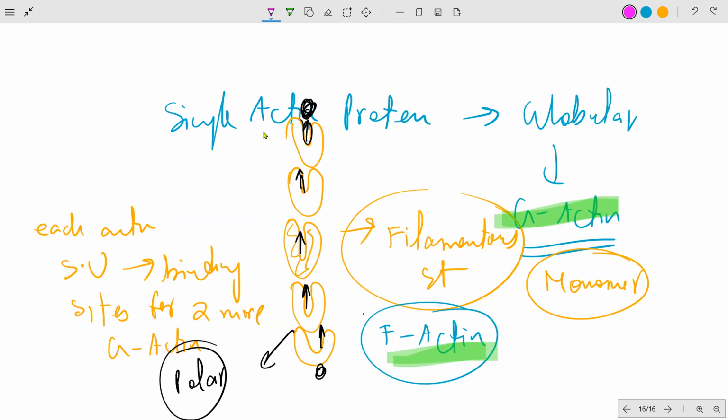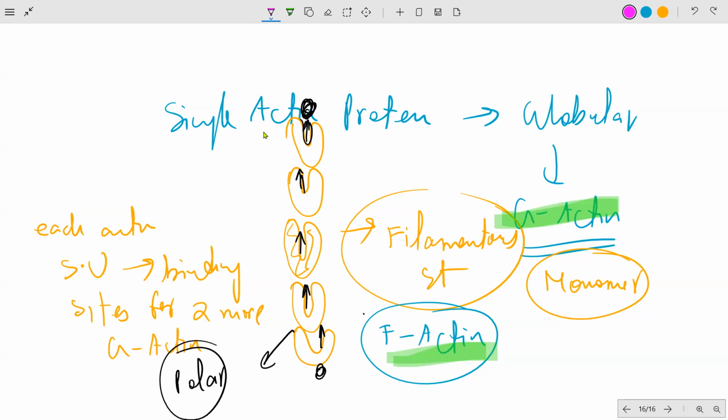So polarity is very important for the movement of other proteins such as myosin. Am I clear? बात समझ में आ गई? My friends and countrymen. Yes, sir. So polarity of actin filament is important to guide the movement of other proteins such as myosin. Is this clear?